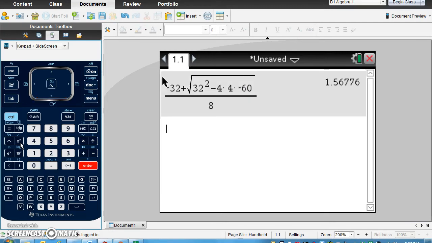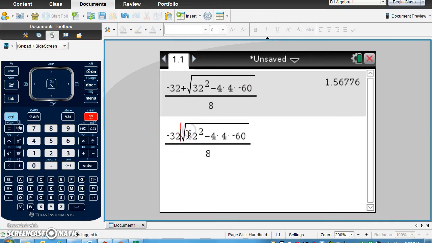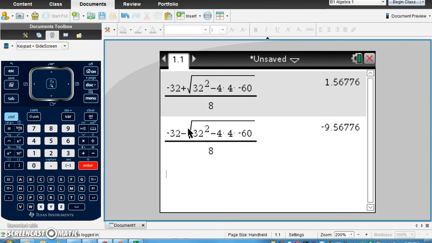So we get 1.567. We round it off to hundredths and get 1.57 for our answer. Then we want to try that again, so highlight it, enter, change this to a minus, and enter. And this time I get a negative answer.